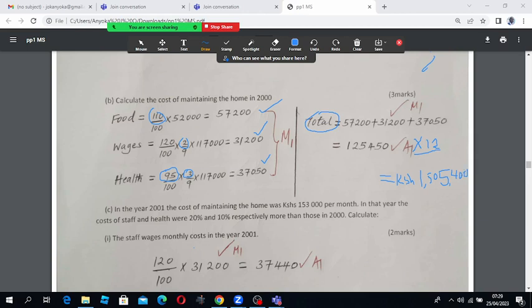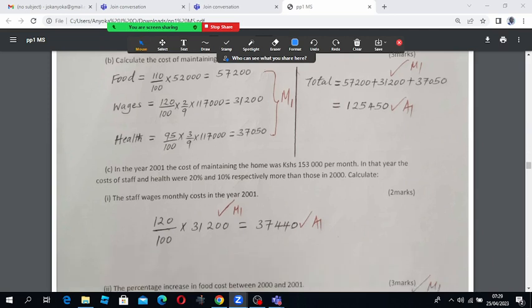There's no problem, because this one is the cost per month for the year 2000. But if you multiply by 12, you get 1,505,400 shillings. Still, it was okay because we did not have a specification whether it was cost per month. Good. Our next question.